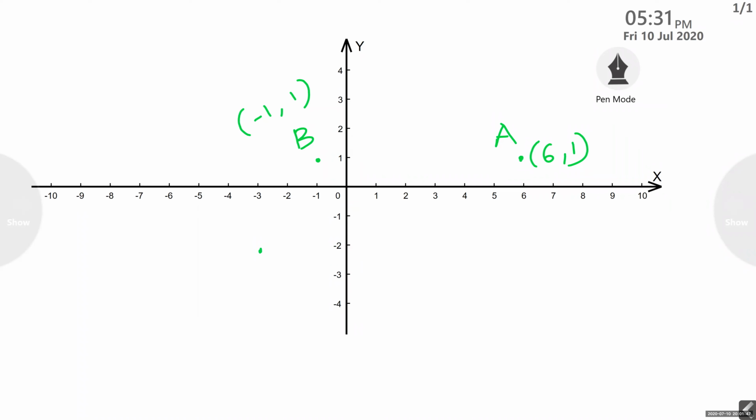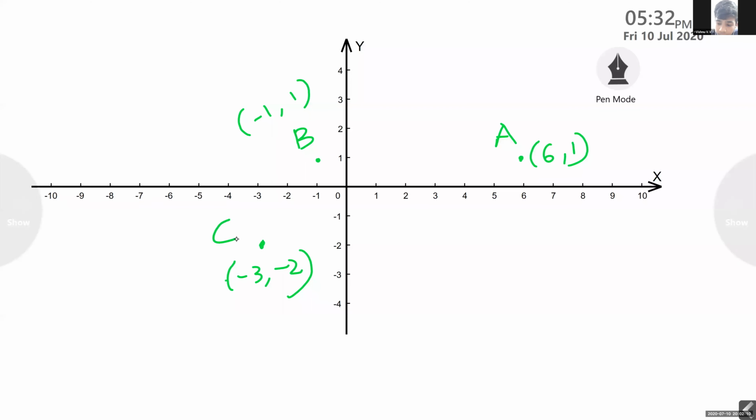Then this point. Who will tell? Vishnu is there. Yes, Vishnu. Vishnu, will you tell these points? -3 and -2. Very good. -3 and -2.